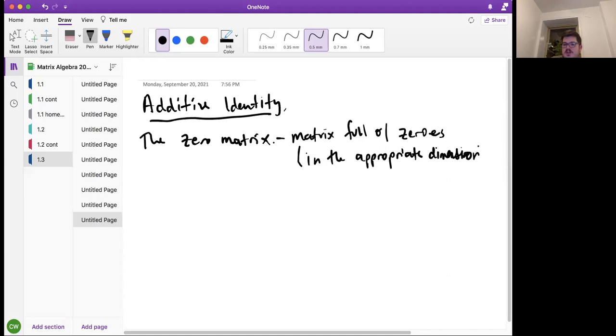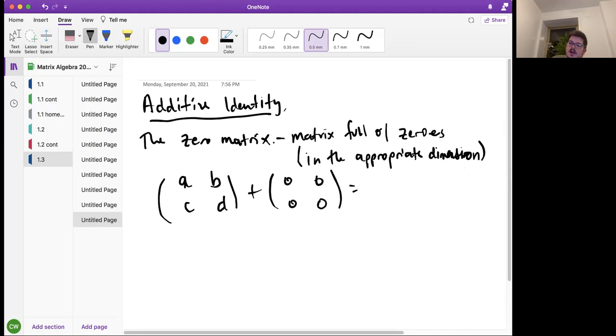The zero matrix may look different in different dimensions. So for example, A, B, C, D plus 0, 0, 0, 0. We haven't talked about multiplication yet, but it turns out, and we'll prove it, that multiplication is associative, but it's not commutative.